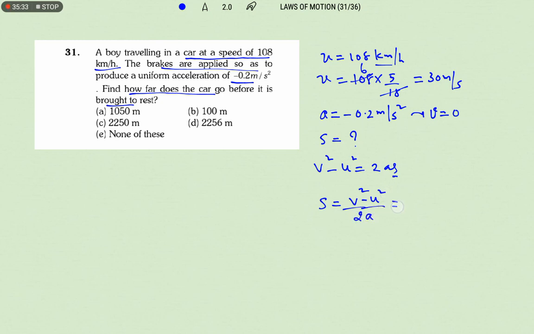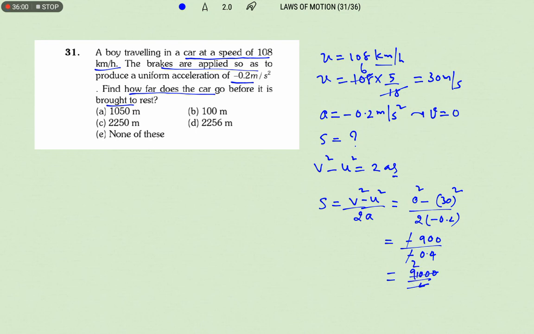What is v square here? 0 square, and u square is 30 square, by 2 into minus 0.2. So minus 900 by minus 0.4. Minus minus get cancelled. So 9000 by 4 we can write.